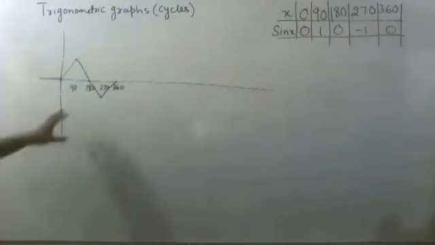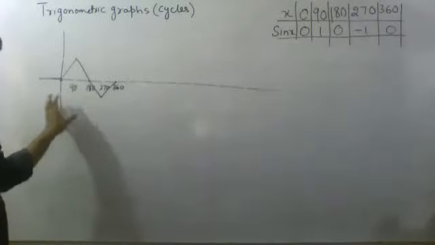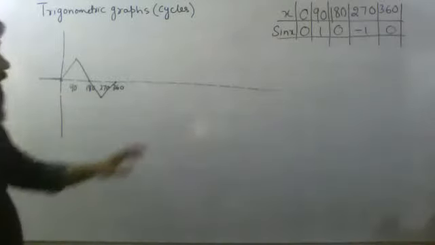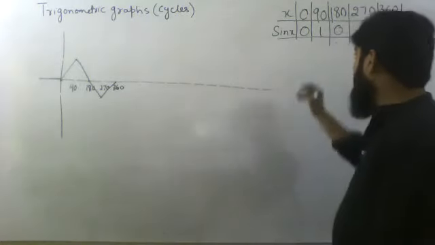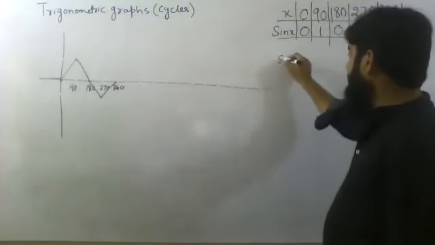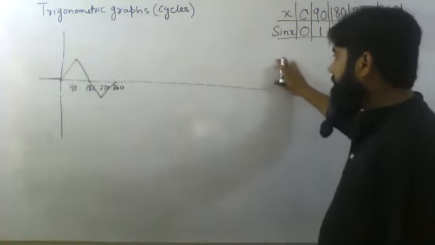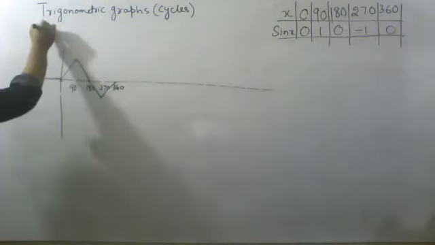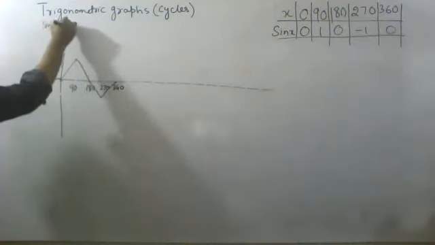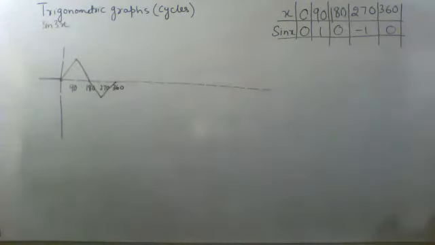Now I have made our original sine graph from 0 to 360 degree of one cycle over here. Now, for instance, if they ask us to make a table of sine 3x, what is going to happen?